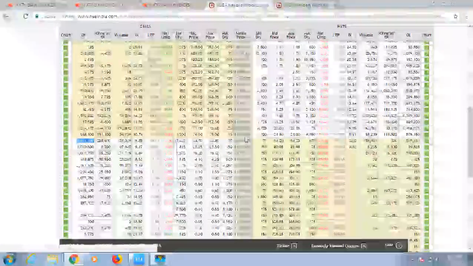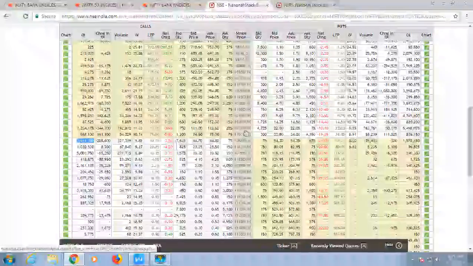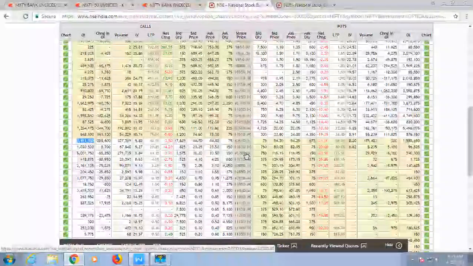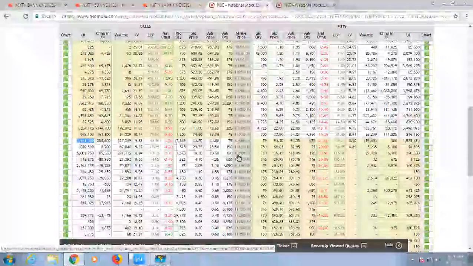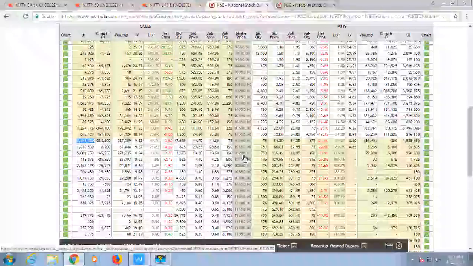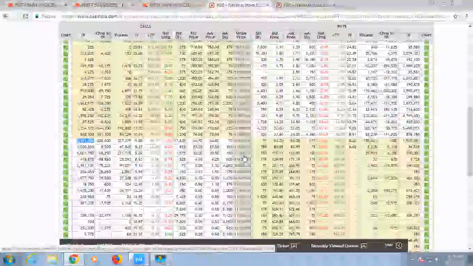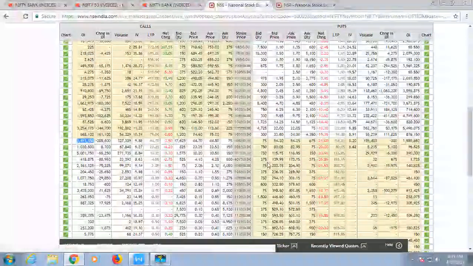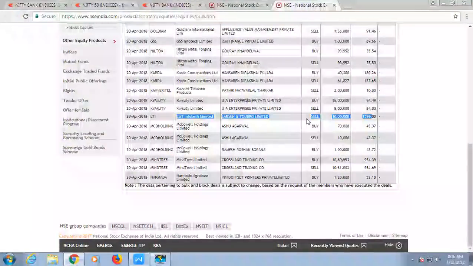So we can say Nifty may not fall below 10,500 and also may not go up above 10,700. This is the range for the Nifty. And most important thing is next week it has an expiry. Hope you understand this.